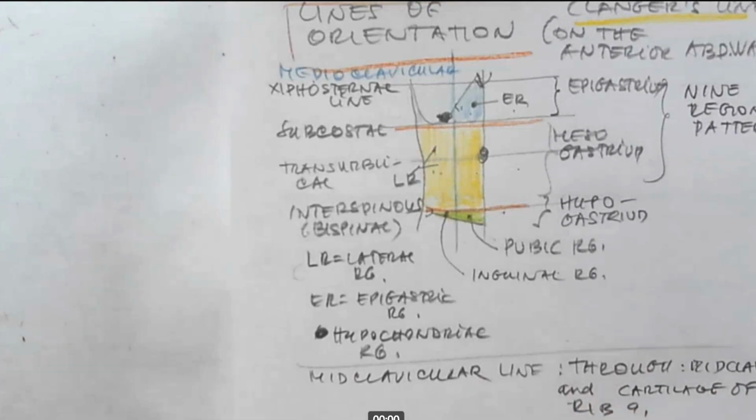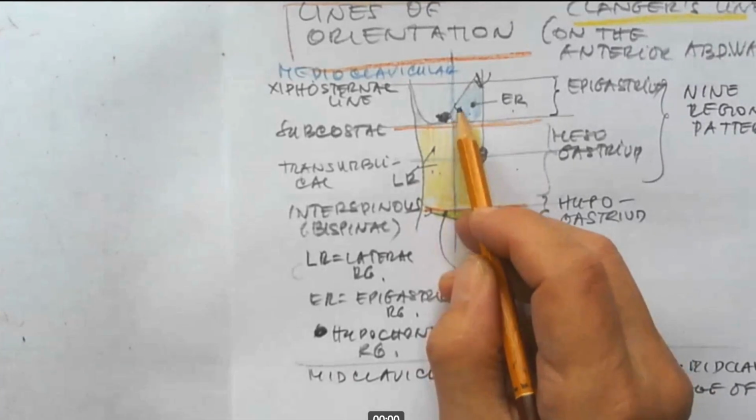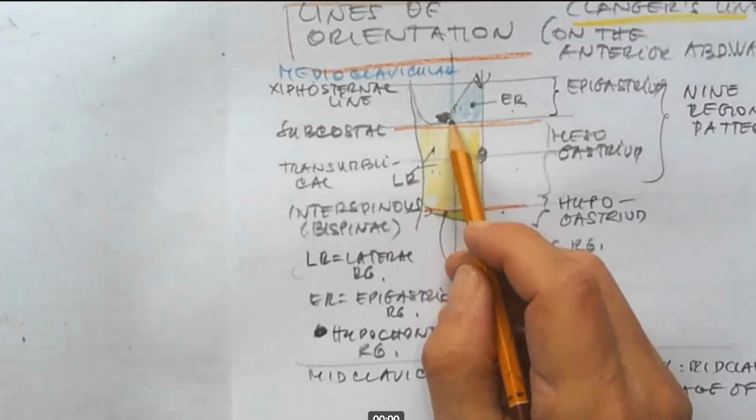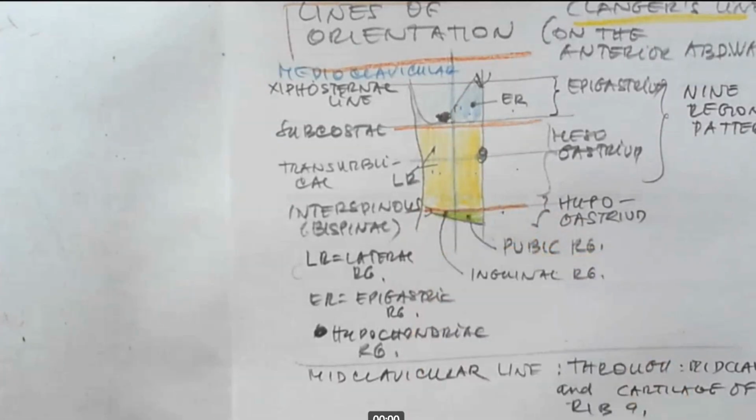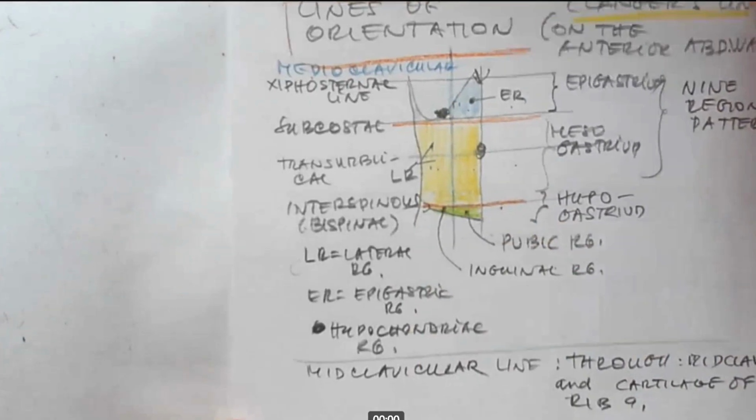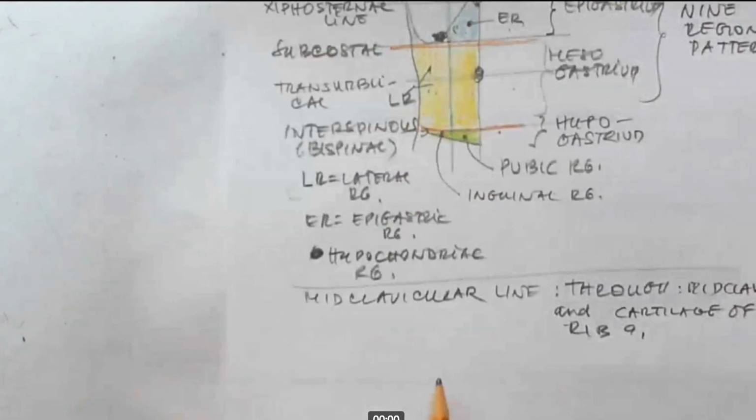Very important position, because where the midclavicular line meets rib number 9 lies the gallbladder. So this is one thing.